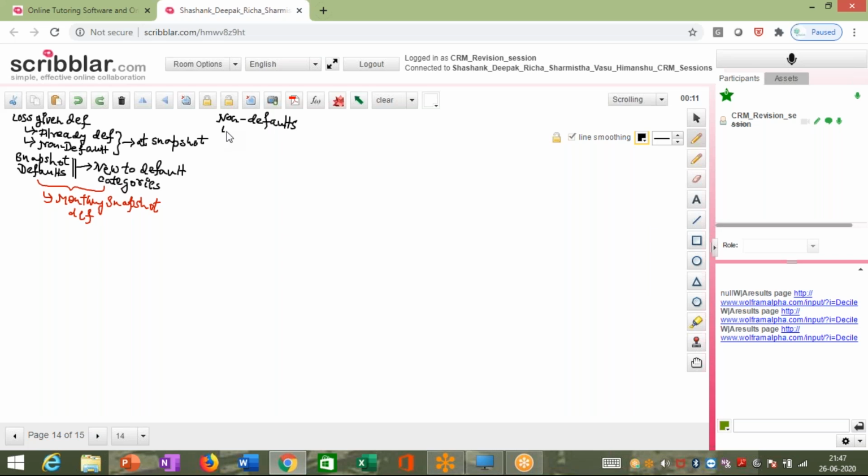So over here, what happens is it is a non-default at snapshot, but it is defaulting in the performance.